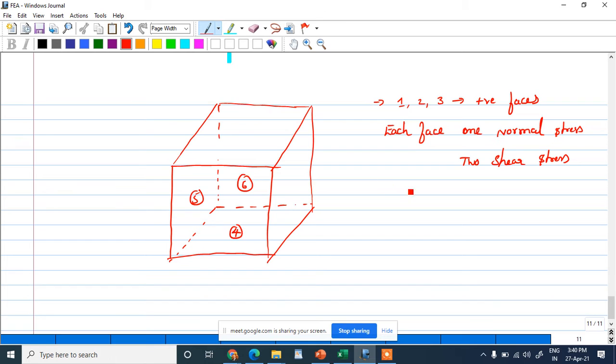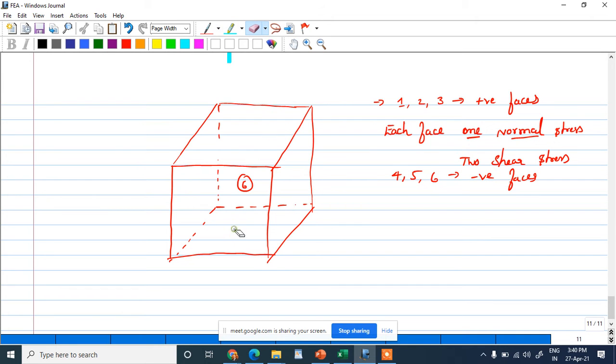These 4, 5, 6 are the negative faces. Even on these faces 4, 5, 6, you will have 1 normal stress and 2 shear stresses. Now let us understand how to represent that. Before that, I will mark the directions. Please be attentive.